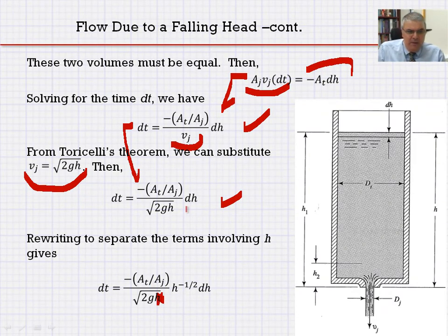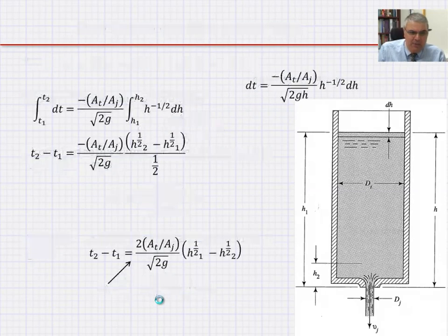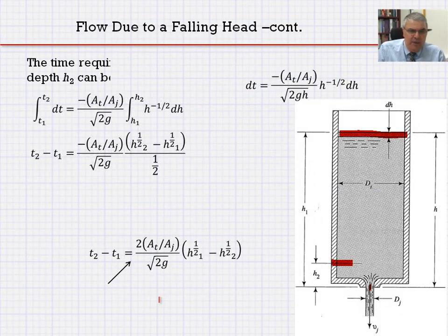This should be divided by 2g, because we already took the h out. h is to the power half, we take it to the numerator from the denominator that was under the square root, and it's going to be h to the power minus half dh. So there's a typo here. So just cross this little h out, please.